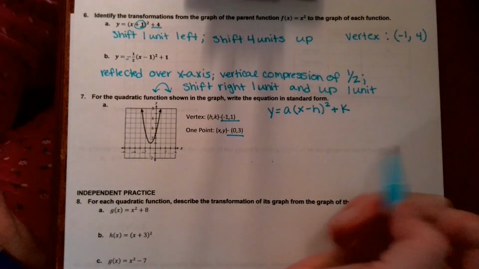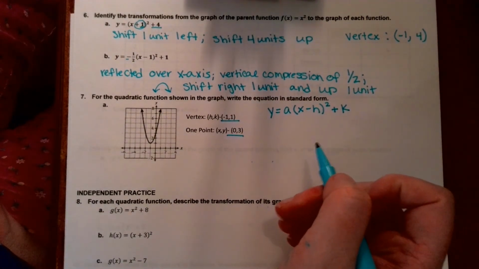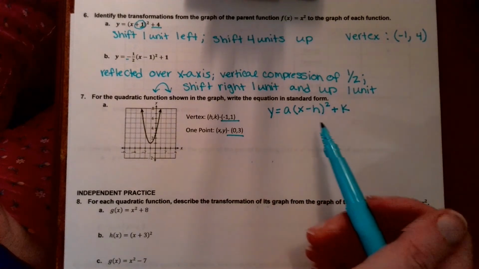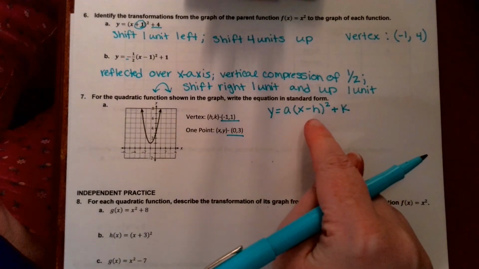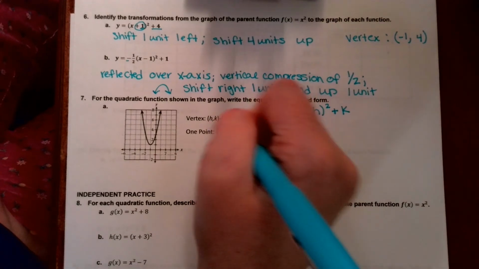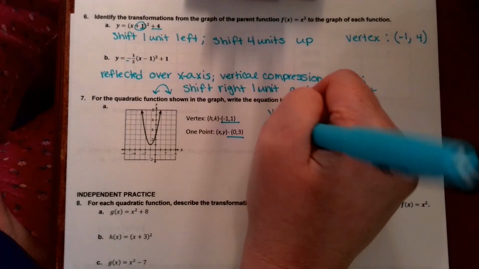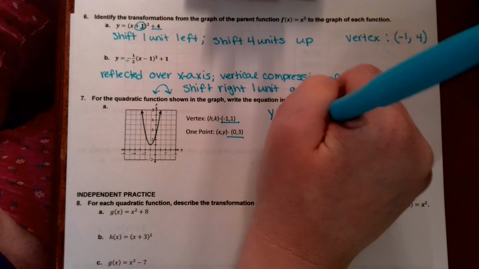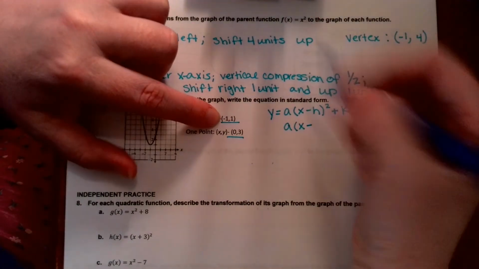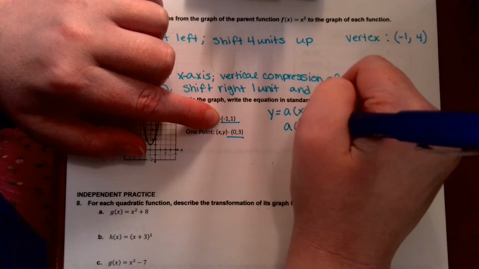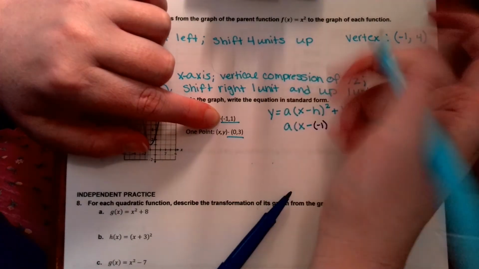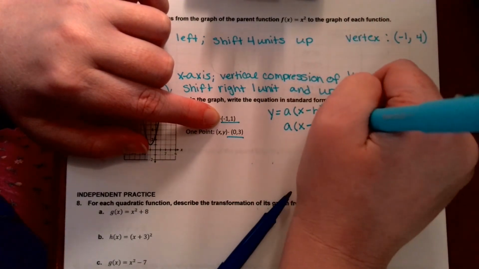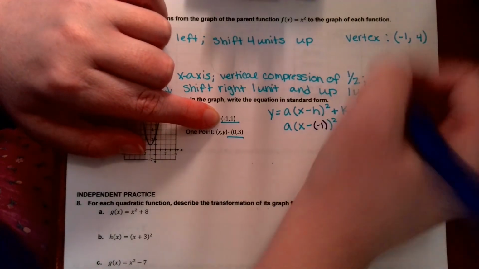Okay, so let's just look at this for just a minute. So we don't know what the a is going to be, but we do know our vertex. So our vertex is (-1, 1). So let's plug our vertex in. So my h value is -1, and my k value is +1.